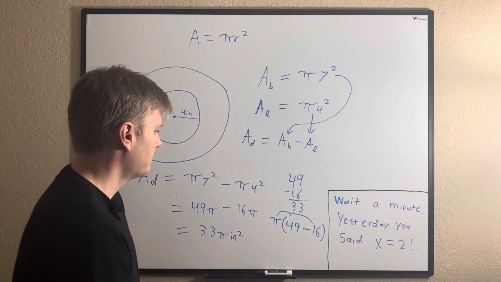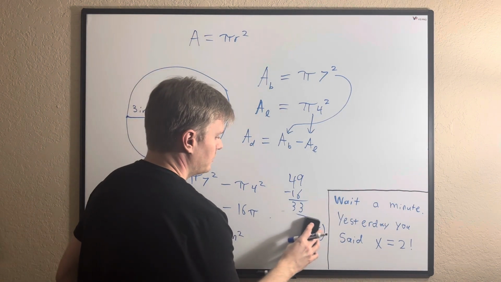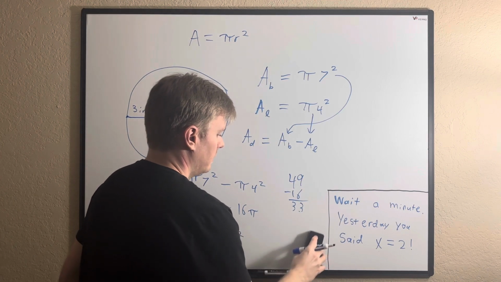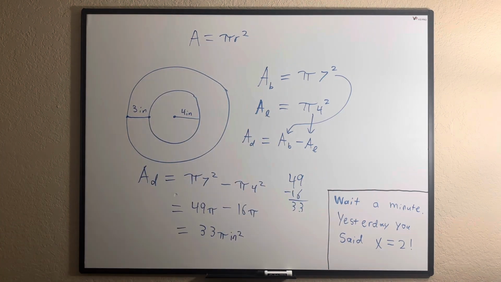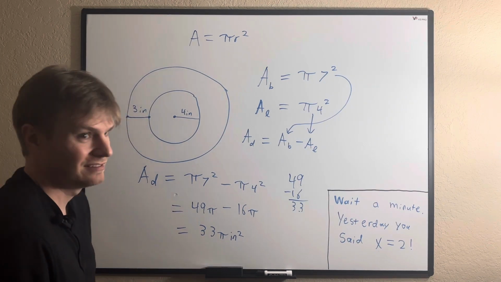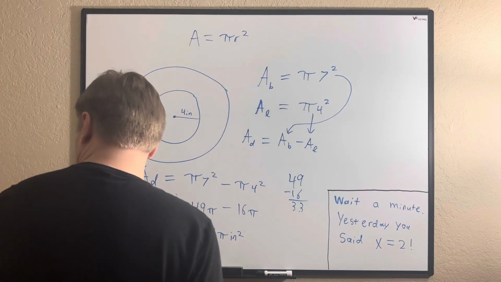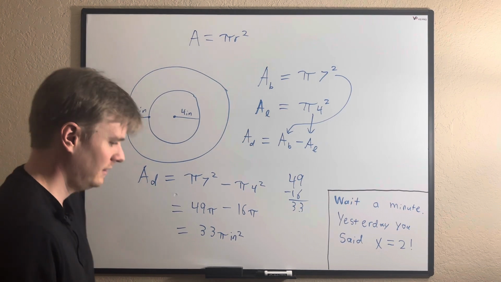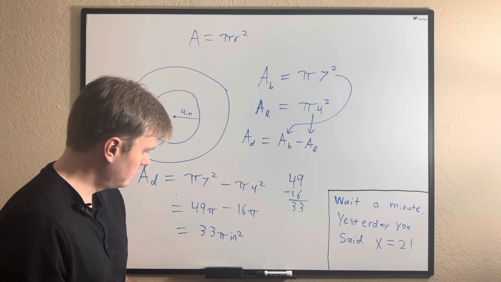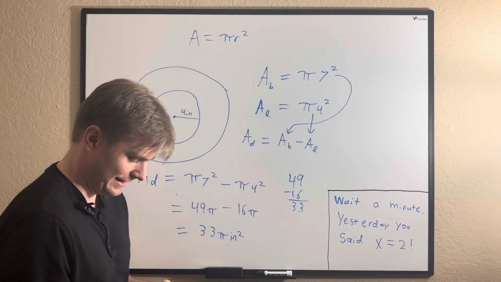And usually your teacher in math class would want you to leave your answer as 33 pi. But if you take a physics class, maybe your teacher might want a more exact answer.